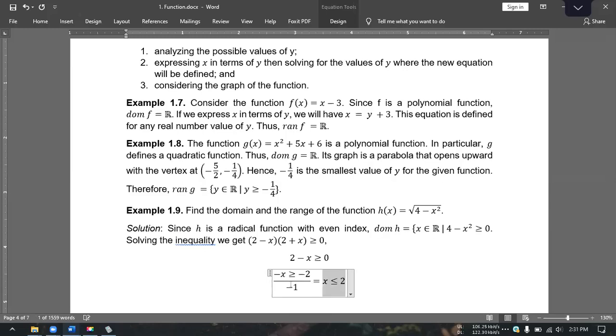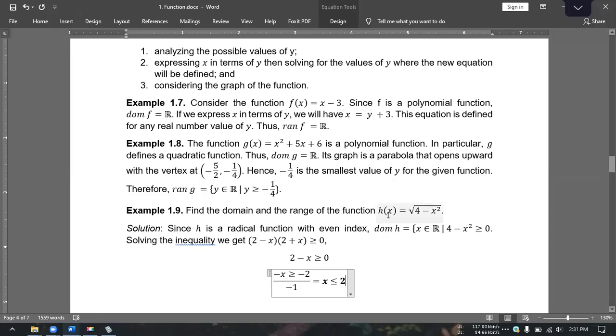Ayun. Kaya meron tayong ganito. This is 1 of the value of x. Okay? So x should not be less than 2 or equal to 2. Otherwise, kapag nangyari yon, magiging negative yung function natin.